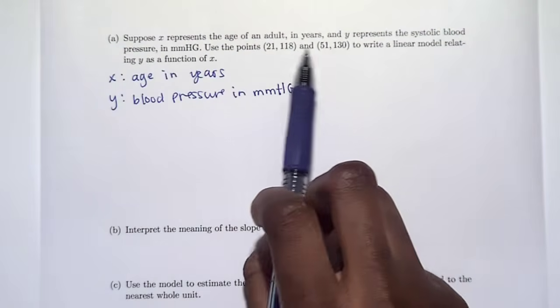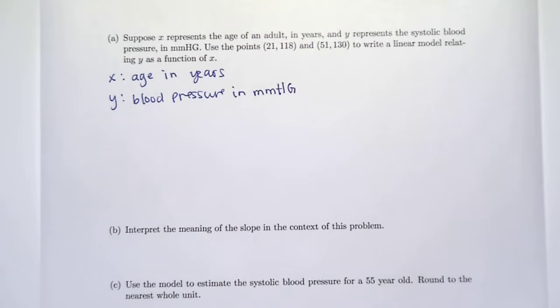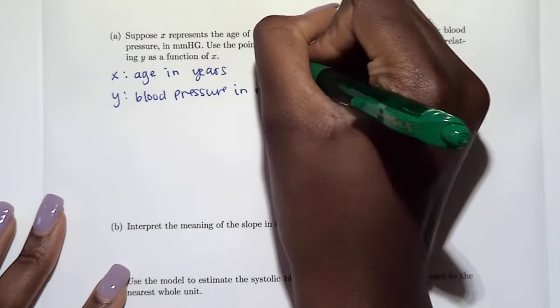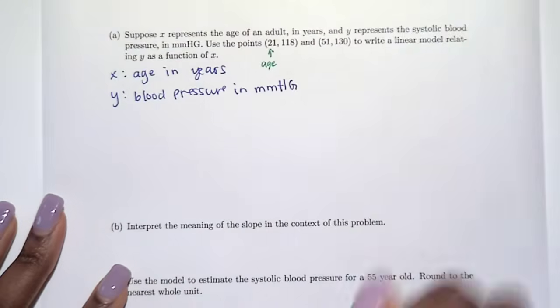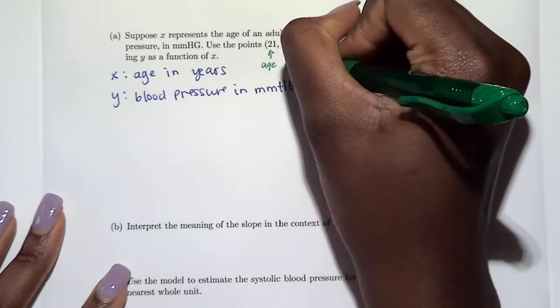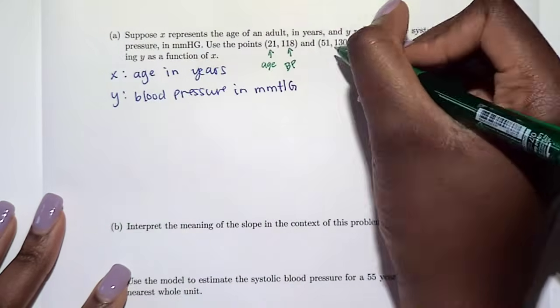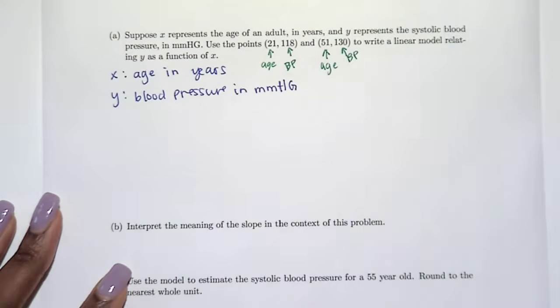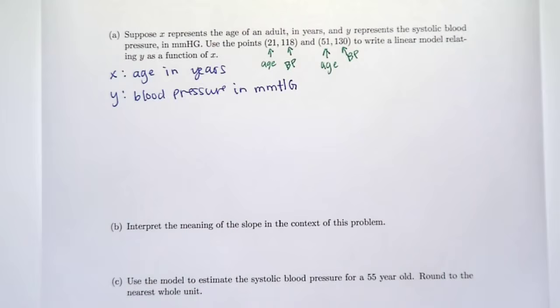And it says use these 2 points to write a linear model relating x and y. All right, so remember, this is x comma y, so 21 is an age, 118 is a blood pressure. Matches what we said. 51 is an age, 130 is a blood pressure. All right, so how are we going to write a linear model?